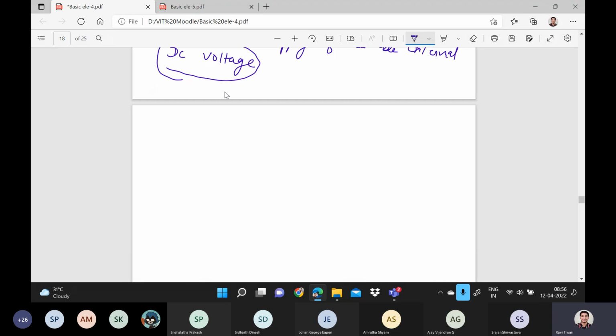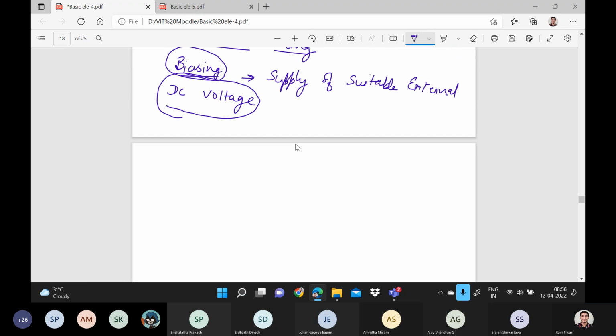As we know, in case of a BJT, whether NPN or PNP, we have three terminals. Suppose this is P type, N type, P type.